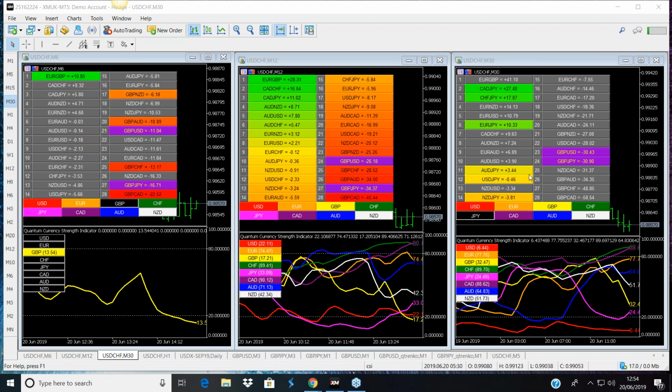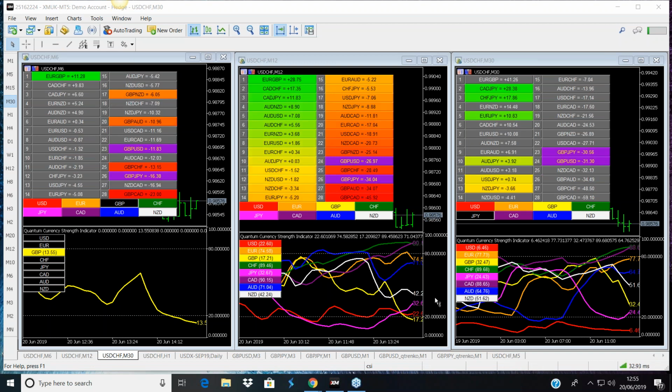Right, very quickly. I said earlier, in the webinar this morning, we started at 6 o'clock, actually looking at the charts before the start of the European Open, and using the indicators to try and find a potential trading setup.